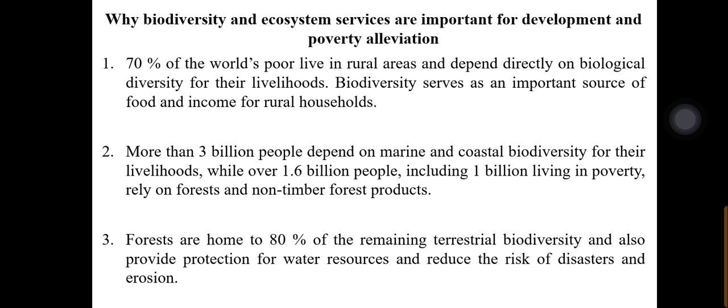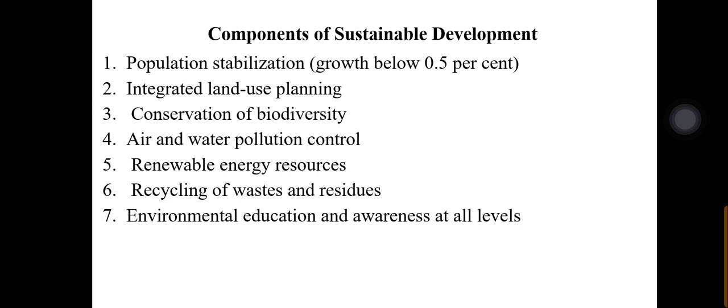We can first send the people in charge of keeping animals, they can come there and evacuate these animals in order to keep them safe. So there are steps that should be taken whenever we talk about development planning. But before then, let's look at the components of sustainable development.